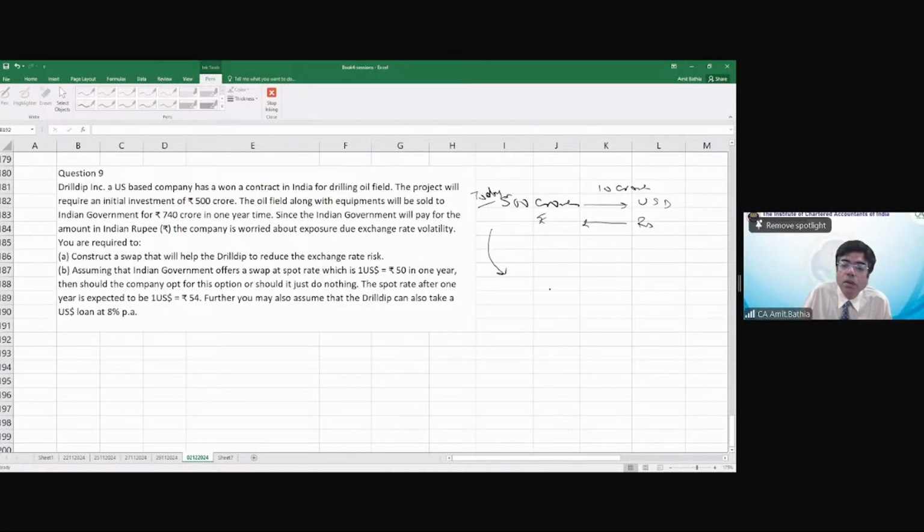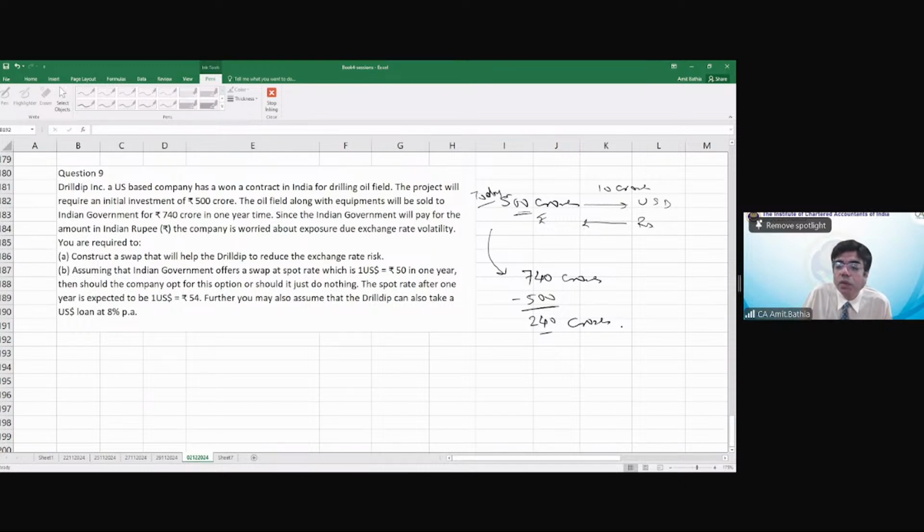Now, that essentially provides me a good cover for which amount? Only for 500 crores. I am going to receive after 1 year how much? I am going to receive 740 crores. Now remember, my swap covers only 500 crores. So for the balance part, which is my profit element, the remaining 240 crores, I am carrying an exposure because that is not covered under the swap, right?